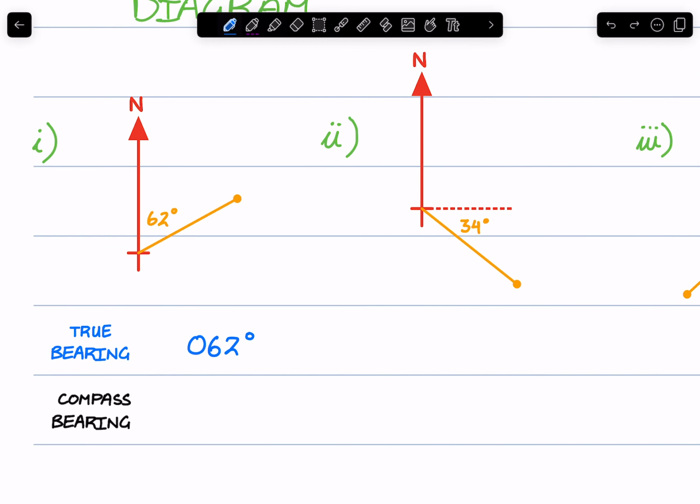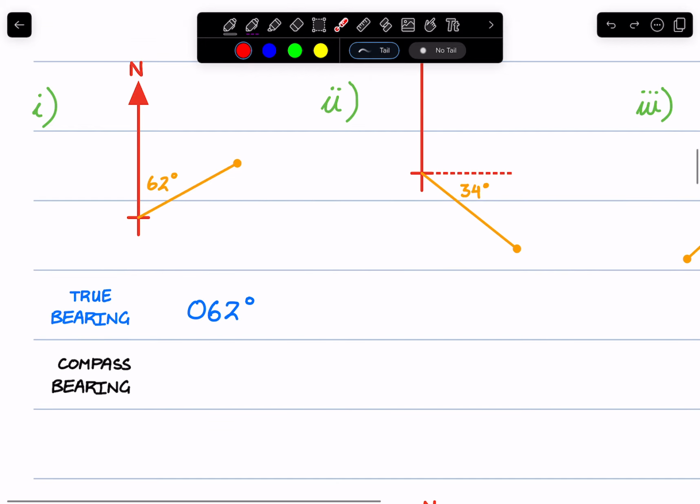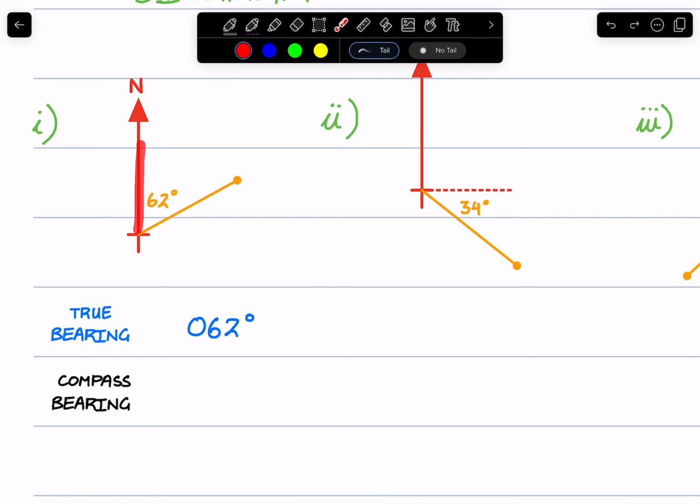Now for the compass bearing, we first ask ourselves, is this point closer to facing north? So is it easier facing north and then turning here, or is it easier facing south and then turning to that line? Well, in this case, I hope it's very obvious. Starting north is easier. So we know it's going to be north. And then we ask ourselves, which direction do we need to turn to face this point?